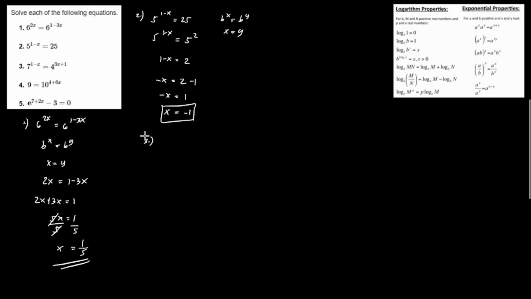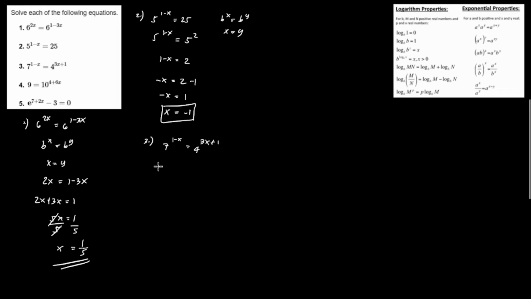Number 3. 7 exponent 1 minus x is equal to 4 exponent 3x plus 1. The value of b in this case is not equal. Therefore, we will use the common logarithm or the natural logarithm. And based on the example, we will use the natural logarithm for both sides.